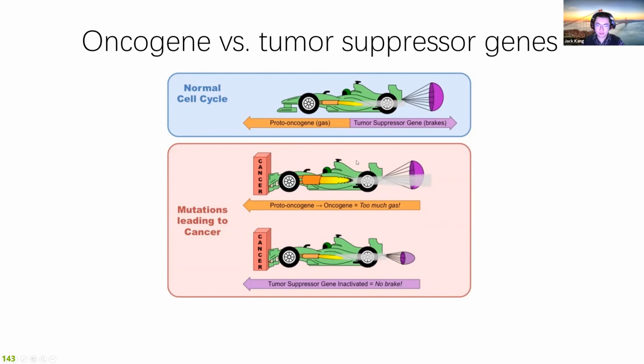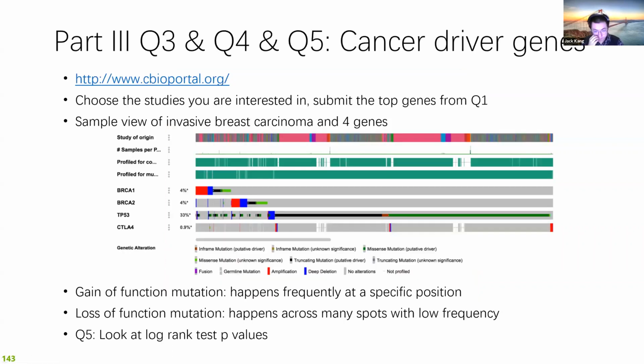Using this analogy, the gene is overactivated, like your car having too much gas, so you will progress towards cancer. Another mechanism is that you lose the brake. That is, there could be loss of function mutations happening in a tumor suppressor gene. So you lose those checks on your cell cycle, and without a powerful brake, your cells may also progress to cancer.